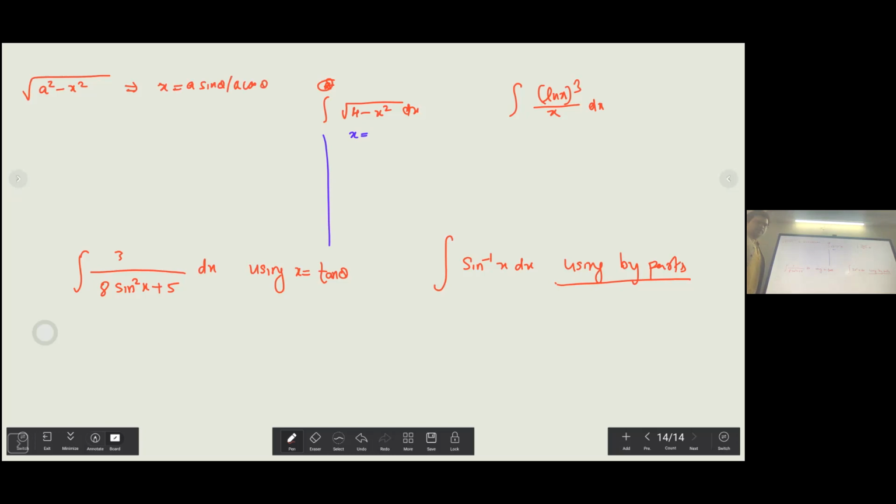Anything is fine. If it is root of a square plus x square format, then you take x as a tan theta or a cot theta.